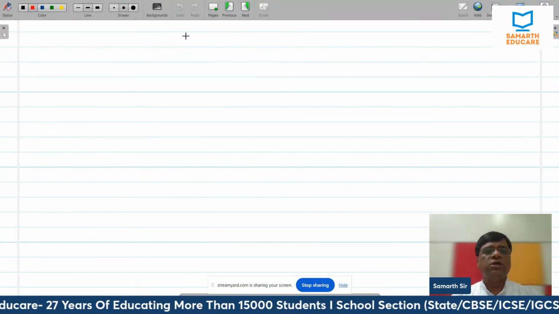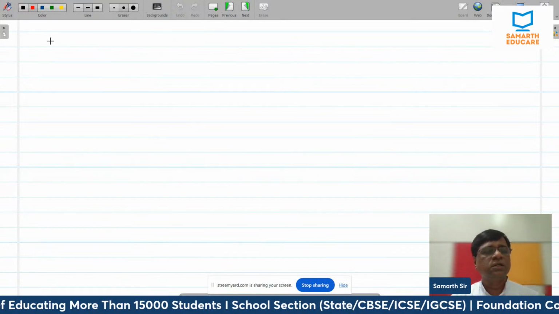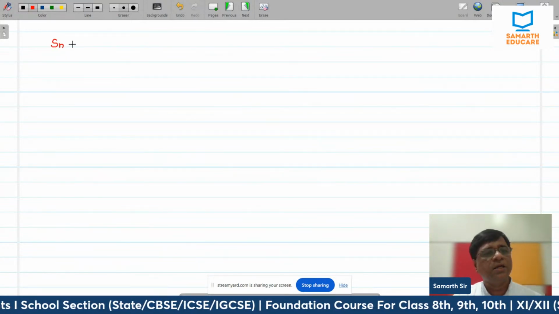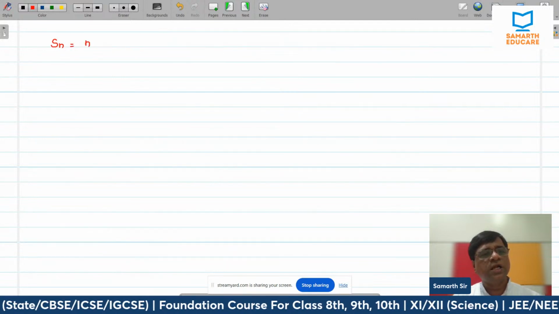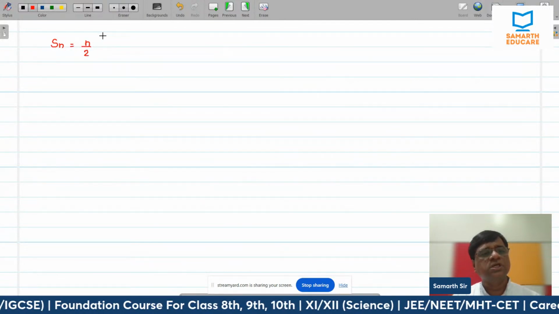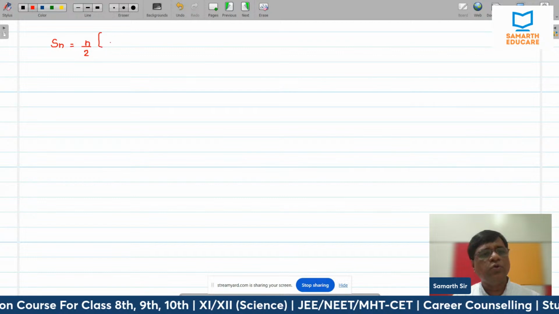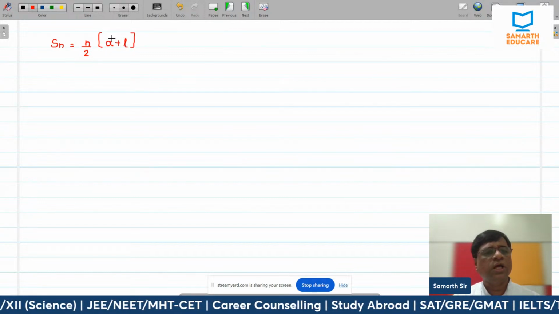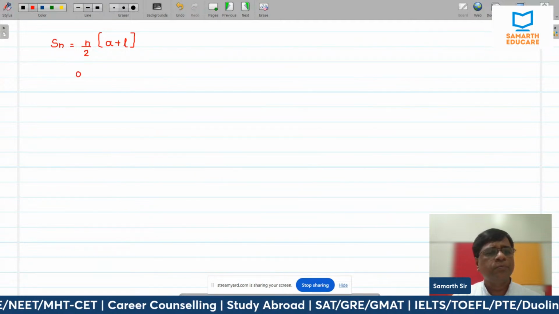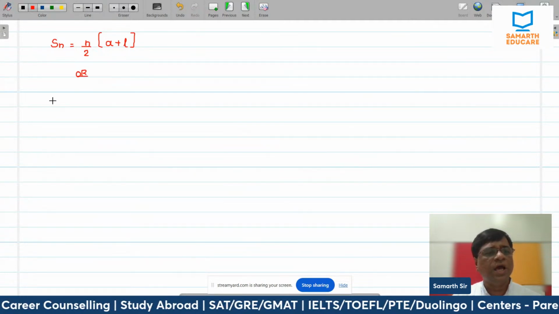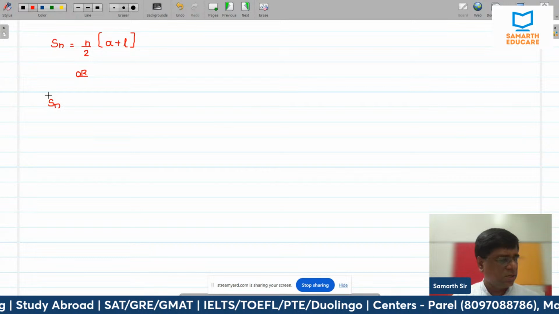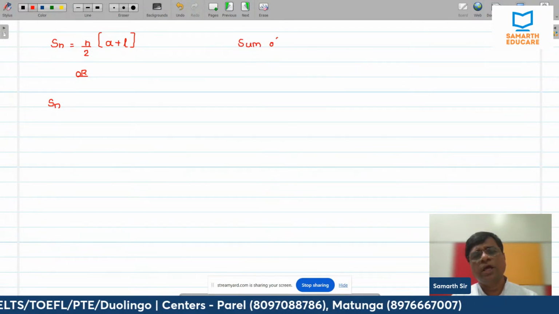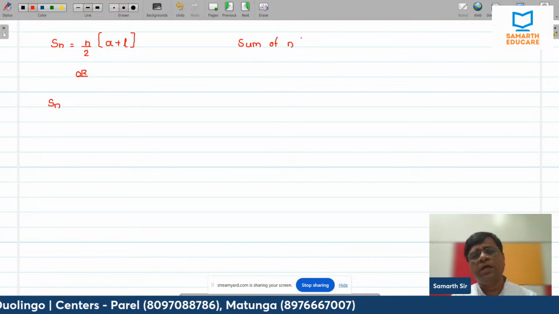Okay, now here I'm not going to explain the theory as of now because you don't require it, but you just need to understand that the sum of n terms is given by n by 2 into a plus l. This is a formula, and the sum of n terms is denoted by Sn.